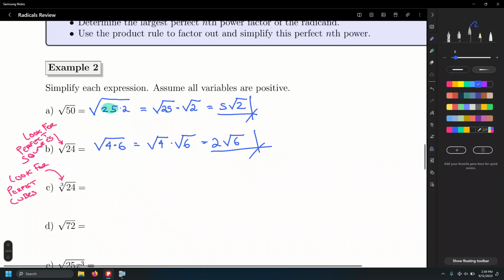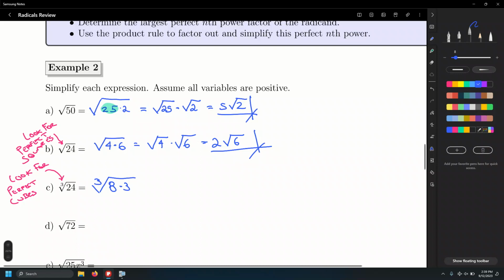All right, and again, we can discuss different ways to factor out the number 24, like 6 times 4, which works for letter B. Now, 4 times 6 or 6 times 4 is not going to work for letter C because neither 4 nor 6 are perfect cubes. However, in this case, it's going to be 8 times 3, because 8 is a perfect cube, and it doesn't matter if the 3 is not.